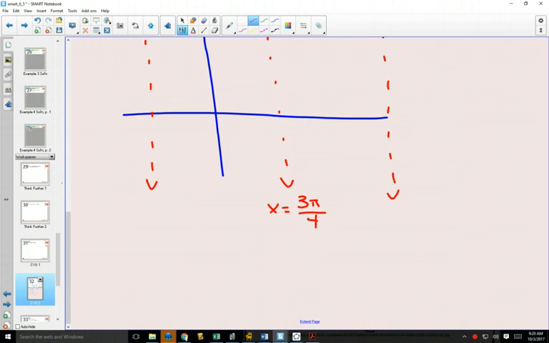So all I did was I took that asymptote at pi over 2, and I did the stretch by multiplying it by 3/2, and I got 3 pi over 4. Similarly, this one, which was negative pi over 2, will be negative 3 pi over 4. This one that was at 3 pi over 2, if I multiply it by 3 over 2, I will get 9 pi over 4.